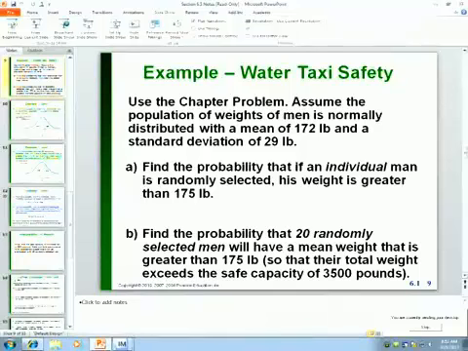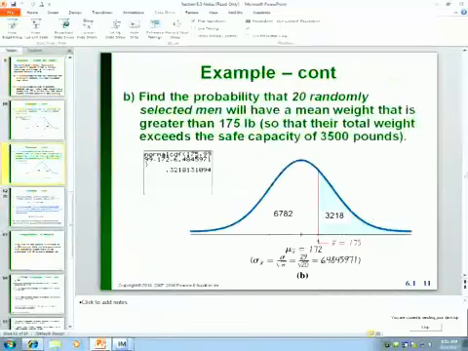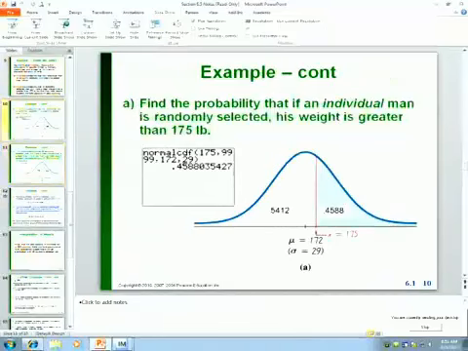First thing you're going to do on every problem, did I do it on this next slide? Yes. Whoops. You're going to draw a bell-shaped curve. You're going to put the mean, which was given to you as 172, right in the middle of that.